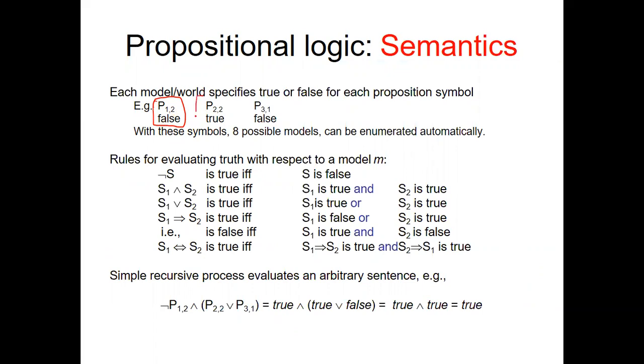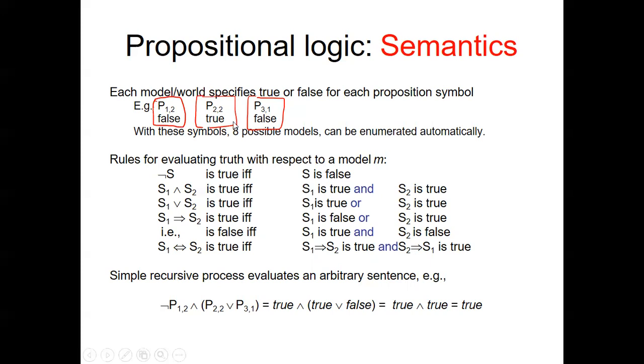Or if you say P2,2, it means that there is a pit in the cell 2,2. Or if you say not P3,1, it means that there is no pit in the cell 3,1. Whether there is really a pit or not, let us not get into that. But this is how we represent information using propositional logic.